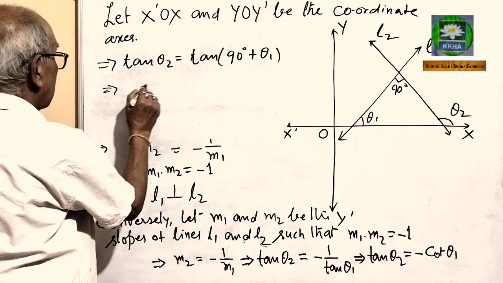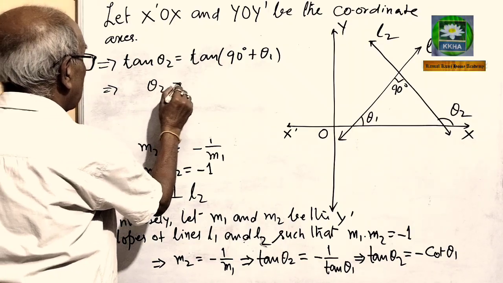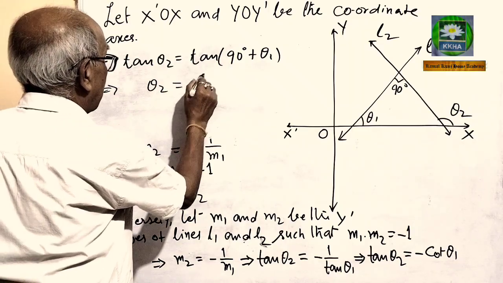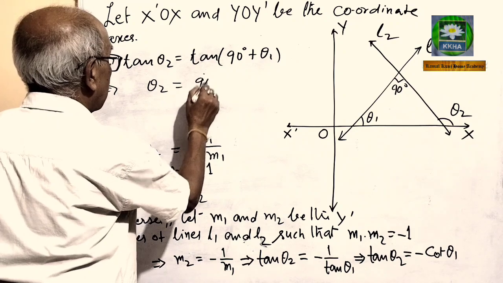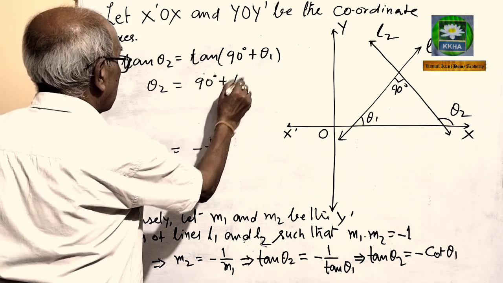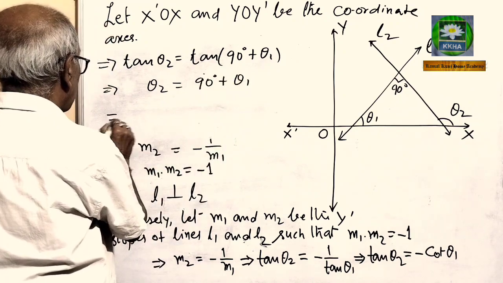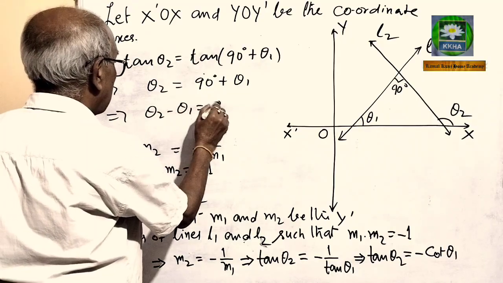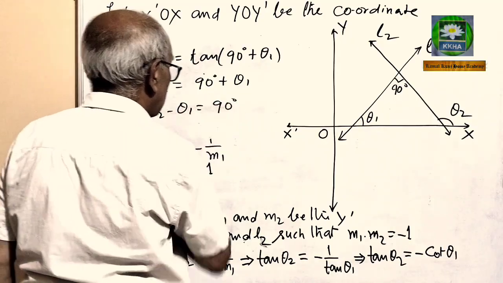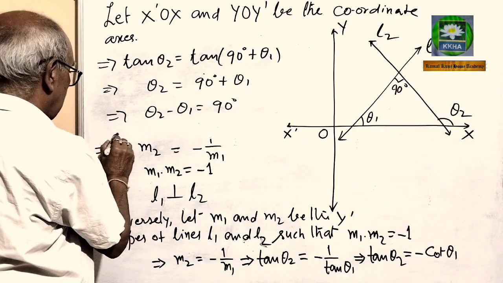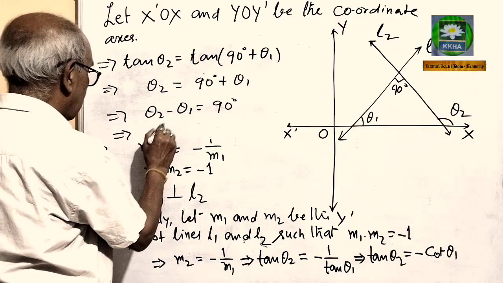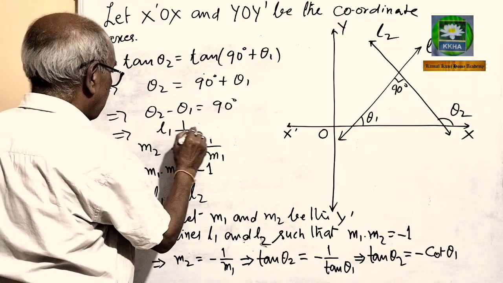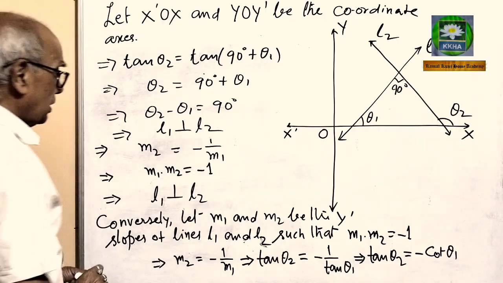This implies that theta 2 is equal to 90 degrees plus theta 1. That is, theta 2 minus theta 1 is equal to 90 degrees. This implies that L1 is perpendicular to L2.